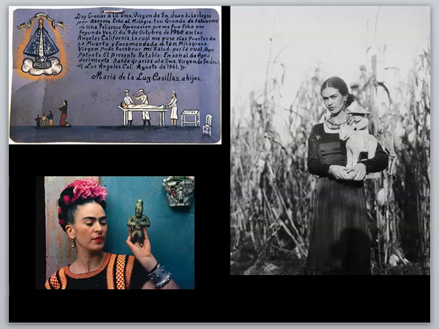The two other pictures, the one on the right is Frida holding folk sculpture, but the painted image upper left is also folk art, and it is basically a thank you, an ex voto, thanking in this case I believe the Virgin for a miraculous cure due to the prayers of the family, and the family located right over here, for a successful operation that took place in a hospital.